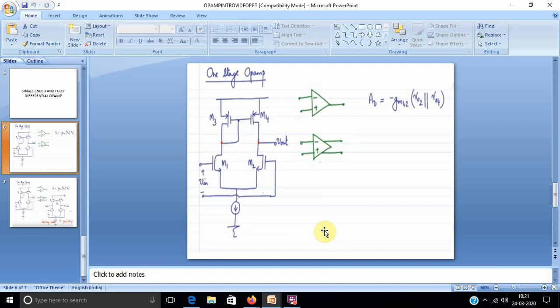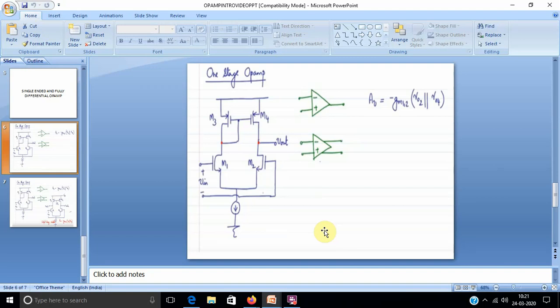In order to increase the gain of this single-ended opamp structure, what is the method? We adopt the method of cascoding, not cascading, it is cascoding.